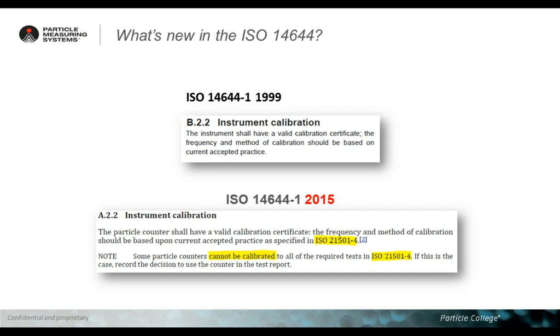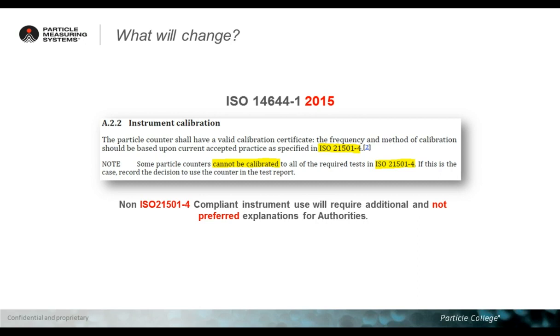While in the new ISO 14644, the ISO committee included the requirement of calibrating your particle counter according to 21501-4. Now, there is also a little note just at the bottom of this requirement, which essentially allows you to still use some old particle counters, simply particle counters that were manufactured before 2008, which is the year when ISO 21501-4 was released.